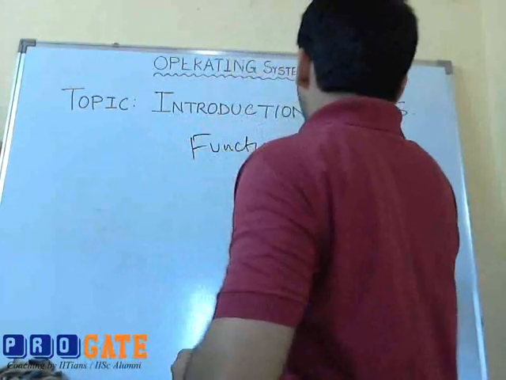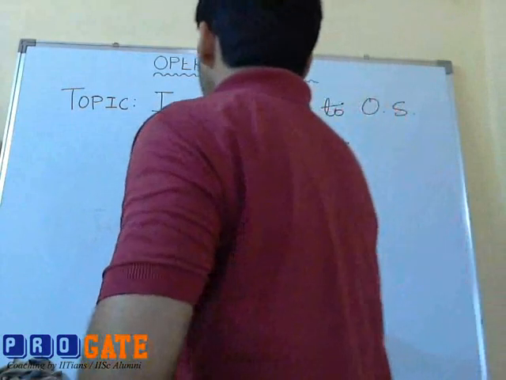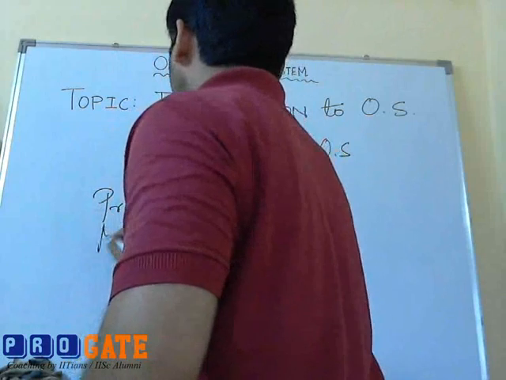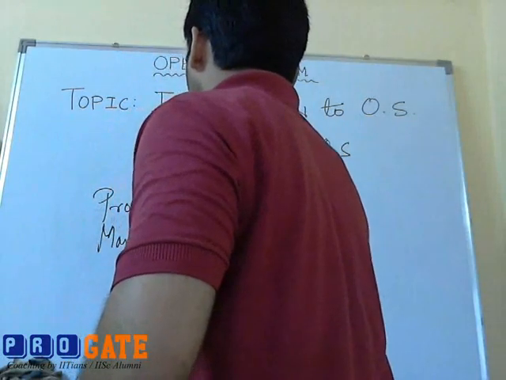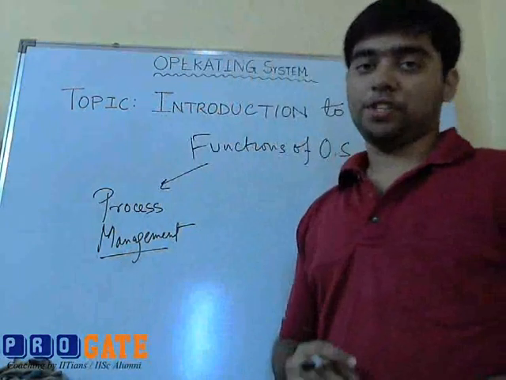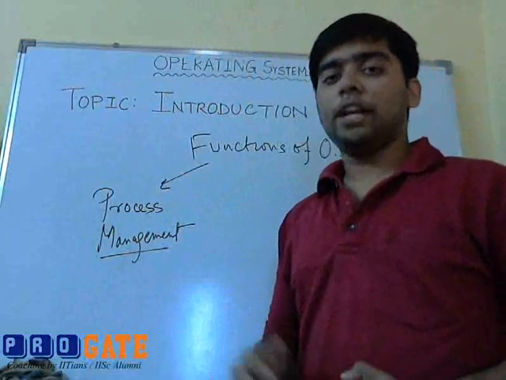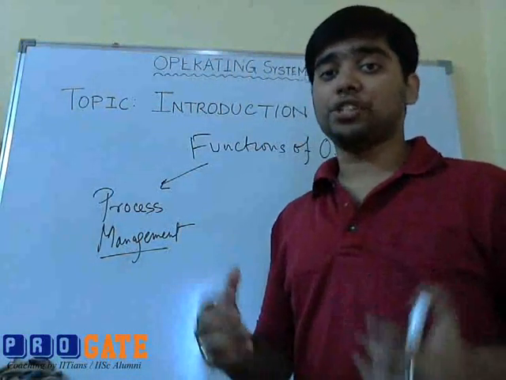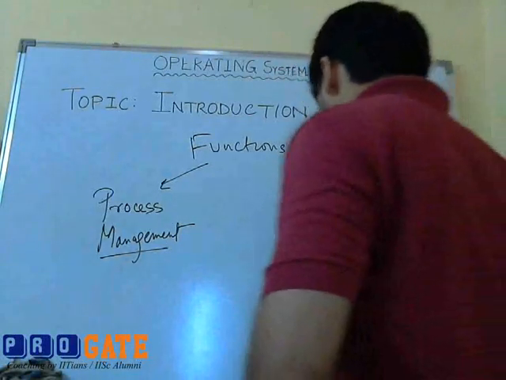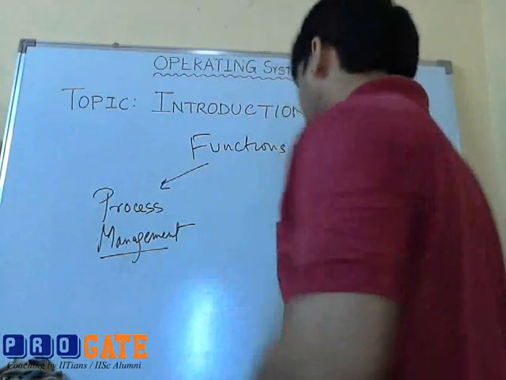Functions of operating system. Now, the first is process management. Now, what is a process? We would come to this topic in details later, but for now, it would suffice to know that the applications that we are running on the computer are nothing but processes. So the first function of the operating system is process management.